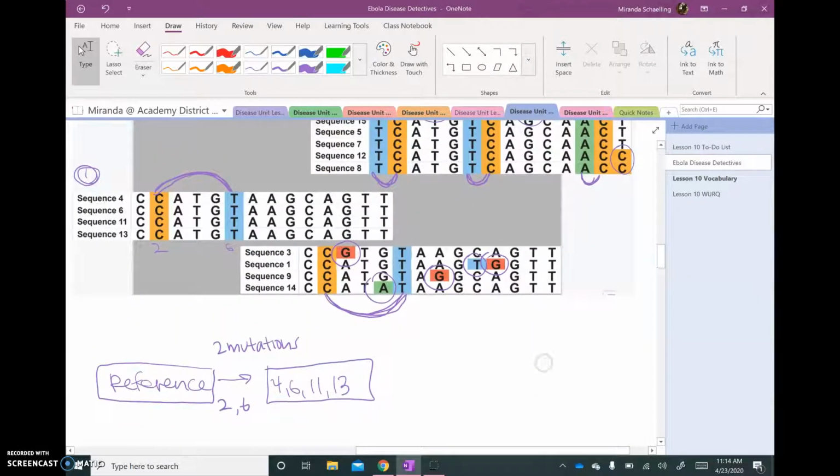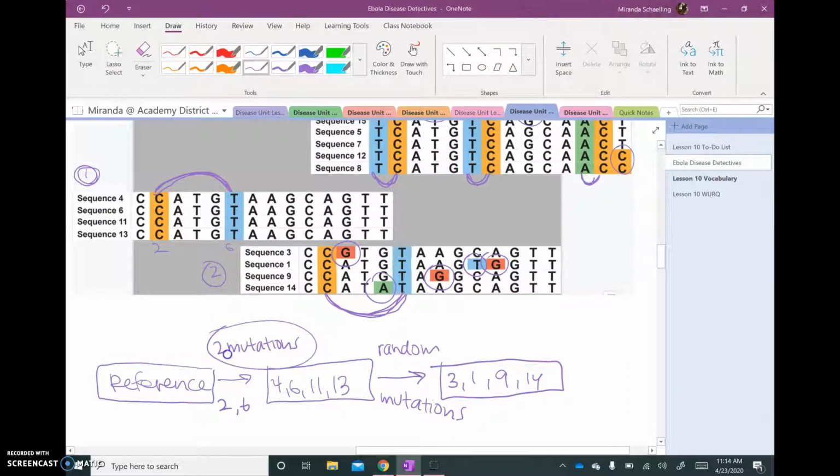Then I would do this group. The next group is going to be 3, 1, 9, 14. They have other random mutations, but they still have these ones too.